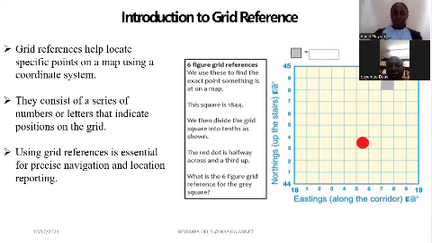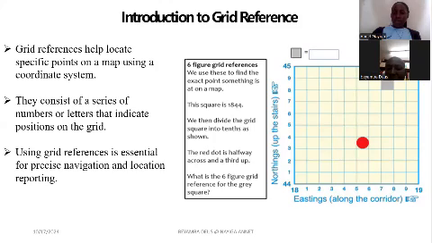These grid differences help to specify the area I am interested in. We have two kinds: the eastings and the northings. When you look at these squares, we have numbers 1 up to 9 on the vertical line, and 1 up to 9 on the horizontal line.